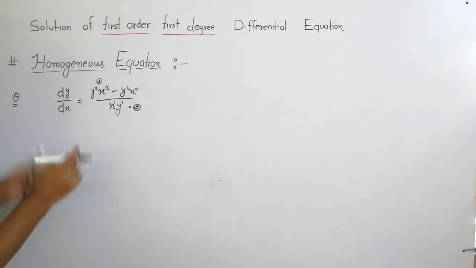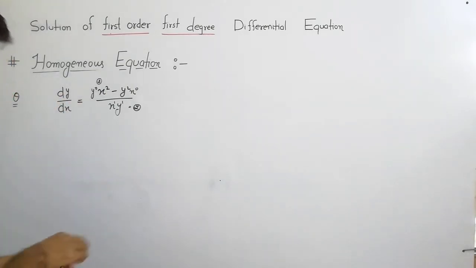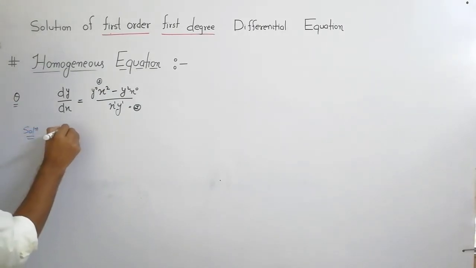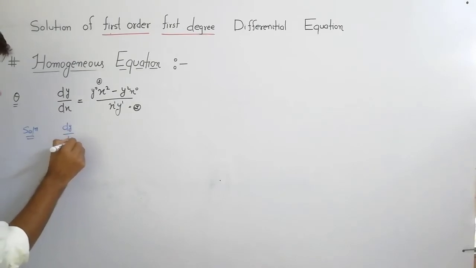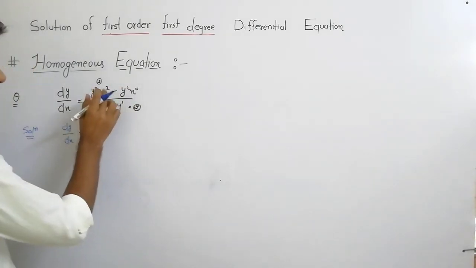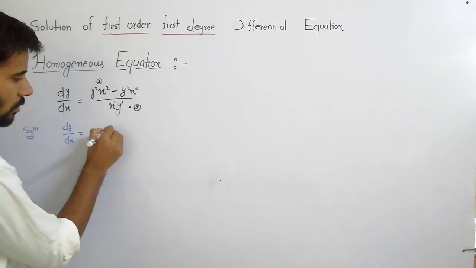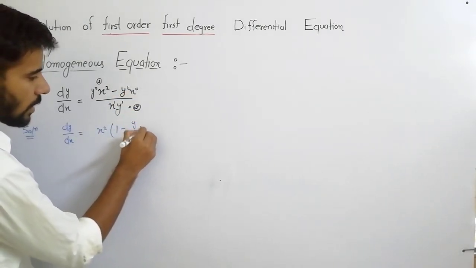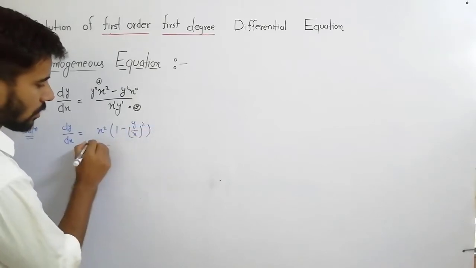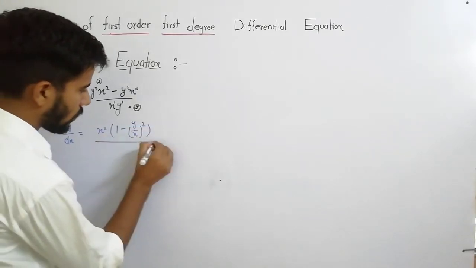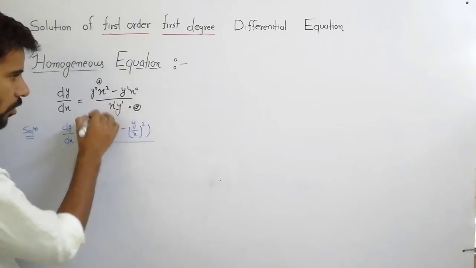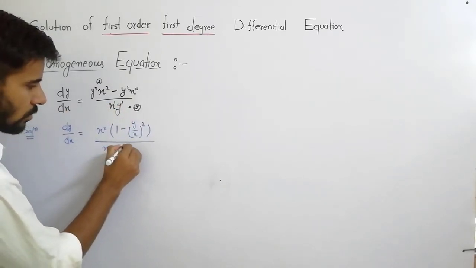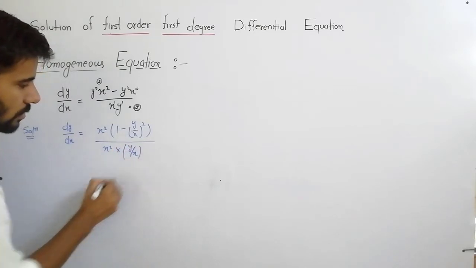Now for this equation the solution is like this. The first step: dy by dx is equal to x square common, 1 minus y upon x whole square, upon x square common into y upon x.